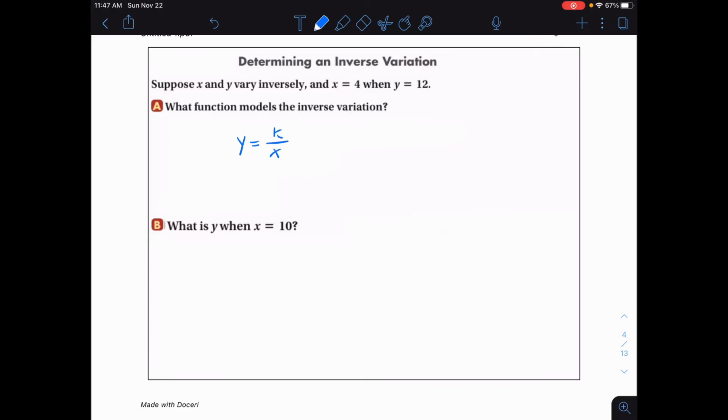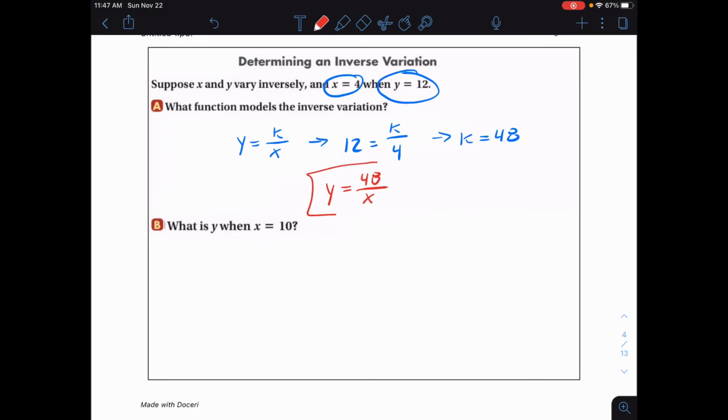Then we plug in the values for x and y they give us, because we have to figure out what k is. So we get 12 equals k over 4. To solve this, we multiply both sides by 4. So we get k equals 48. That means our actual inverse variation function is y equals 48 over x.